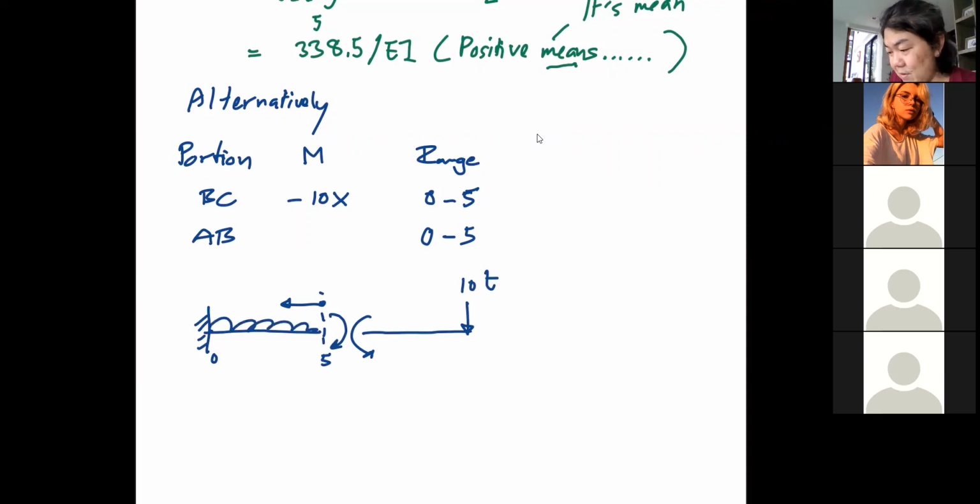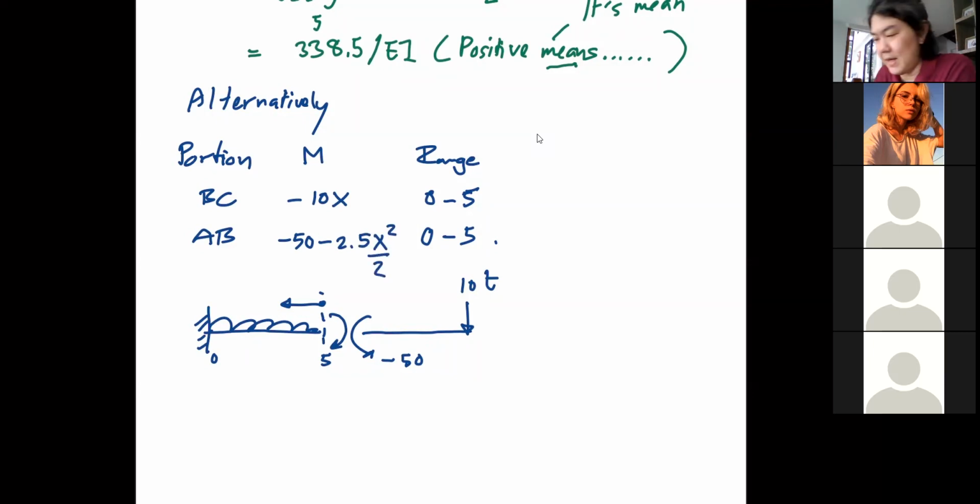And that is already minus 50. So if you want to use this range, that means you must have this minus 50 and then minus, what's the W? 2.5 x squared over 2.